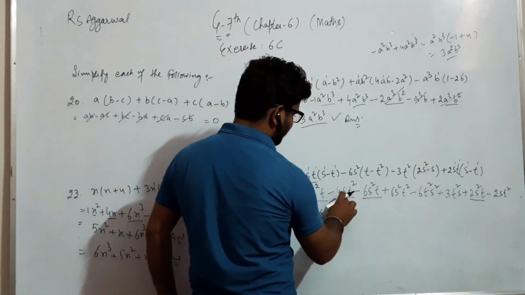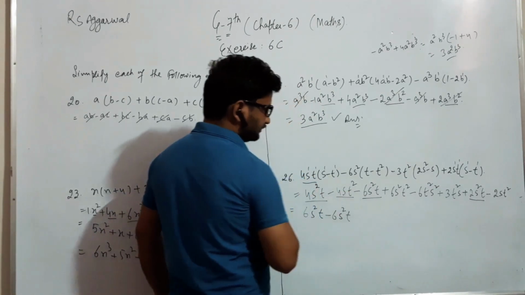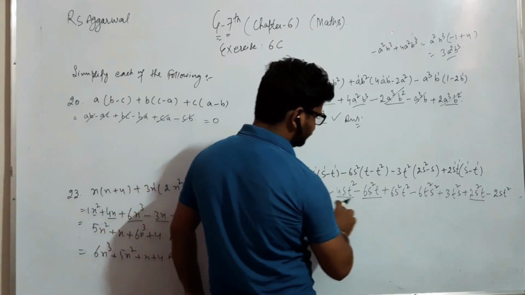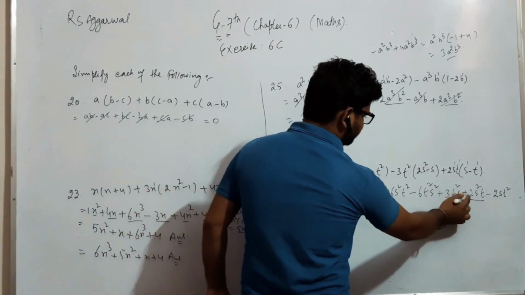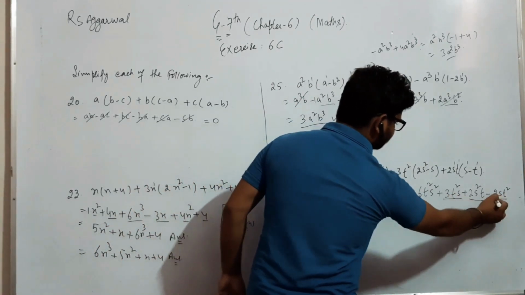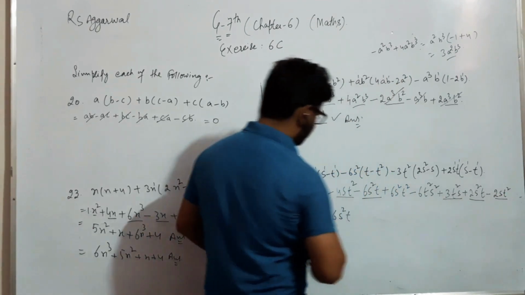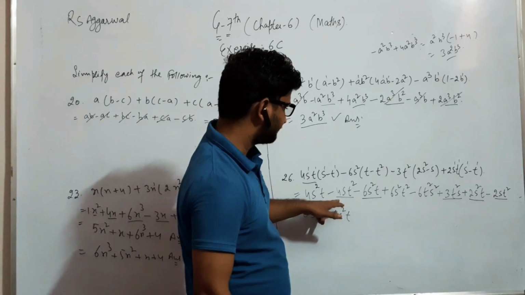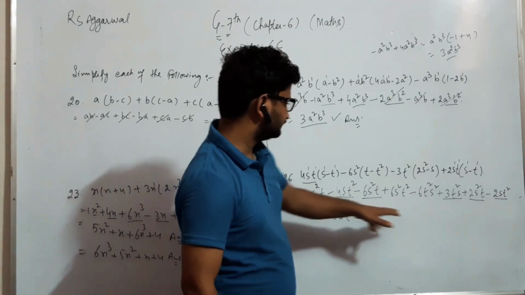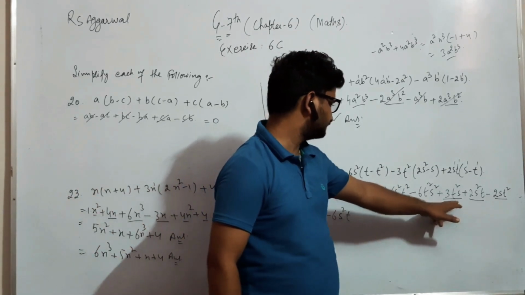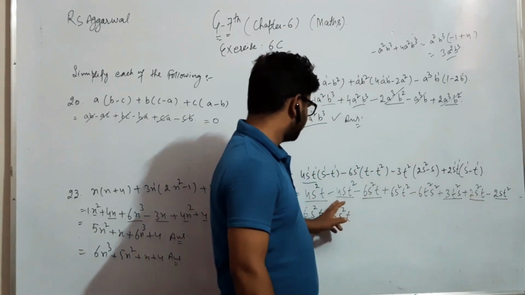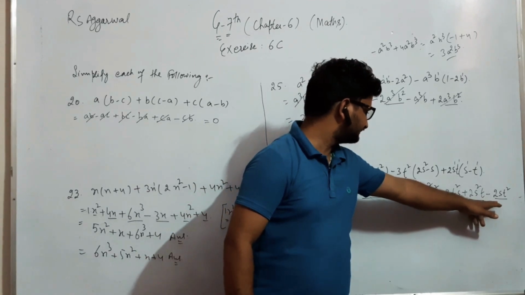Here the second is 4st2. So the next like term with this is 4st2. So 4st2 this one, 4st2 this one. By BODMAS, this is minus, st2, and this is plus, and st2, this is minus. So minus 4 and minus 2 is minus 6.